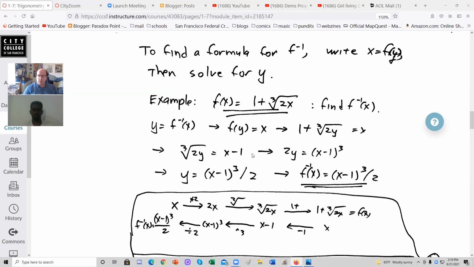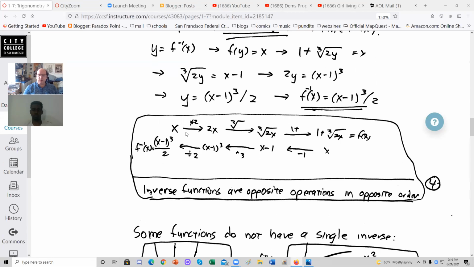First, subtract 1 from both sides. Cube root of 2y equals x minus 1. Cube both sides. 2y equals the cube of x minus 1. Then take half of both sides. So y equals x minus 1, cubed, divided by 2. And that function is the inverse of f. Now note what happens with f and f inverse.